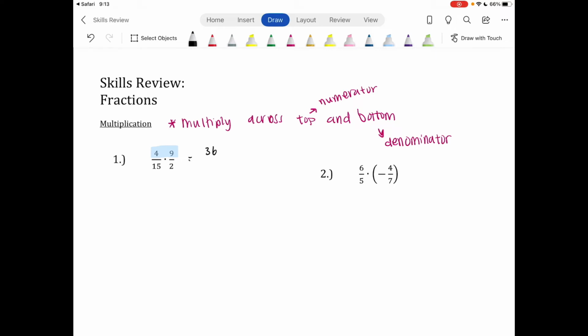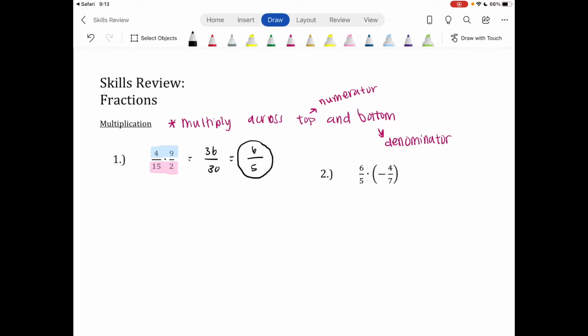Then in the denominator, we're going to do 15 times 2, which is 30. Then we always want to make sure we remember to reduce our fractions. 36 and 30, both of these numbers can be divided by 6. So 36 divided by 6 is 6, 30 divided by 6 is 5, and here is our simplified answer.